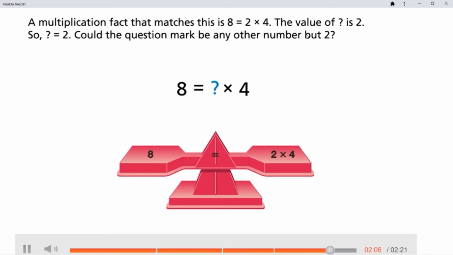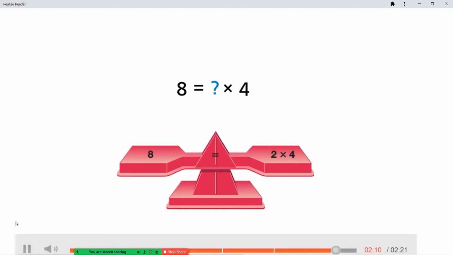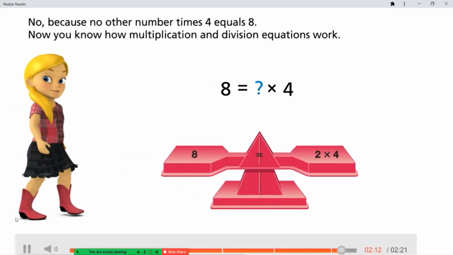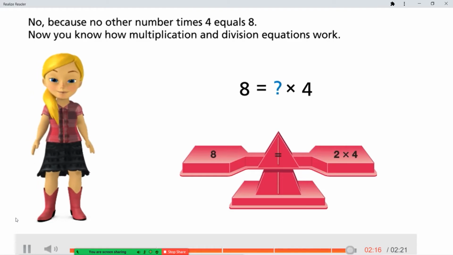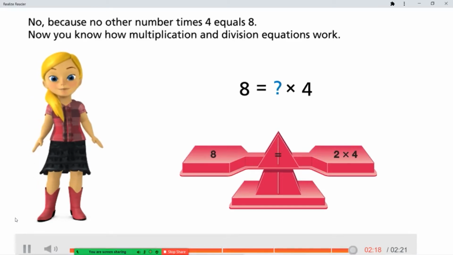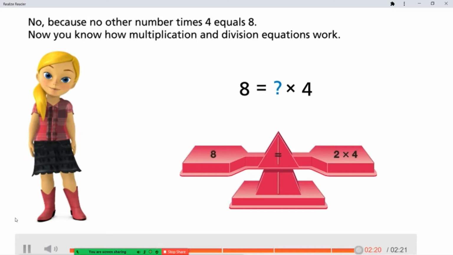Could the question mark be any other number but 2? No, because no other number times 4 equals 8. Now you know how multiplication and division equations work.